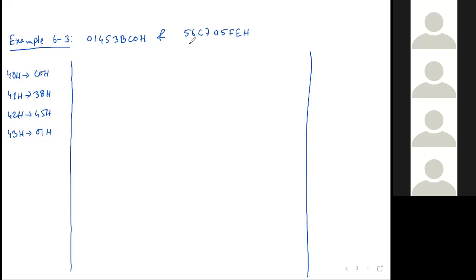Now, if I tell you that the second number is stored starting from the memory location 50H, then what will be there in 50H? FE. Exactly. There will be FE. I hope the rest of you are also understanding.